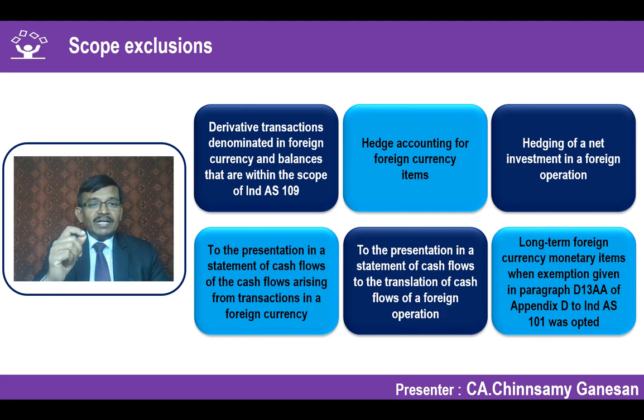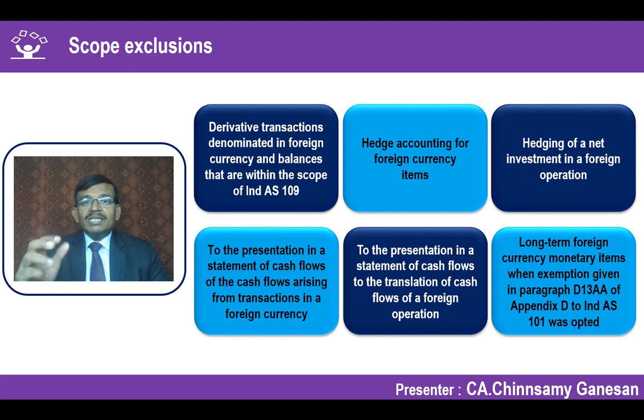Suppose the foreign currency liability has been acquired for the purpose of acquiring a depreciable asset, then it says don't accumulate in FCMITDA, but take it as part of the depreciable amount or the cost of the asset and depreciate over the useful life of the asset. So, for example, I have taken a foreign currency loan to acquire a property, plant, and equipment, and the foreign currency loan has to be settled over a period of 5 years.